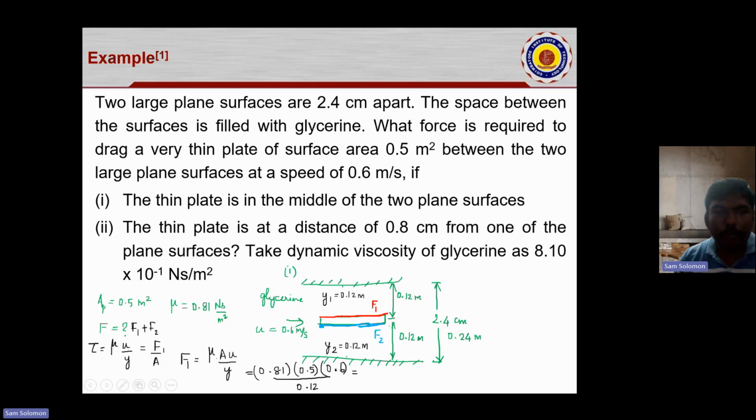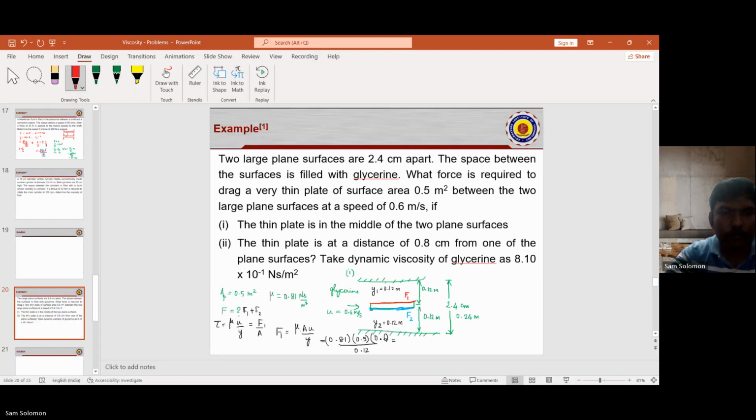And if you use the calculator for solving this problem, it's going to be 0.81 times 0.5 into 0.6. This whole term is divided by 0.12 and we get 2.025 newtons. So let me say it is 2.03 newtons over here. Okay, now we are done with one term, which is F1.